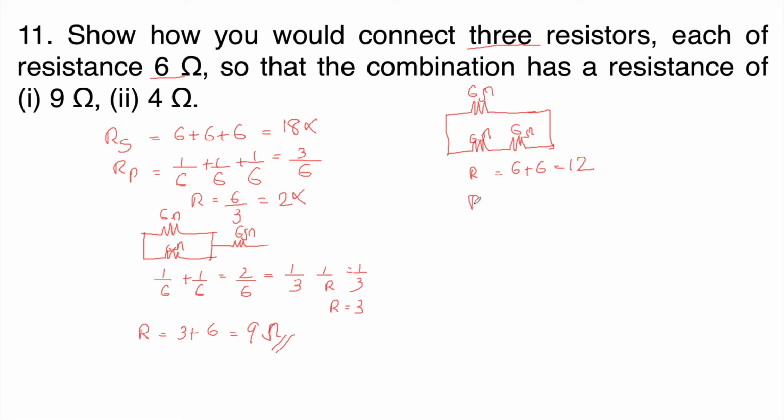So the resistance will be 1 by 12 plus 1 by 6, that is 3 by 12. This is 1 by R. So 1 by R is equal to 3 by 12, so R is equal to 12 by 3. It is 4. So for getting 4 ohms we should connect like this.